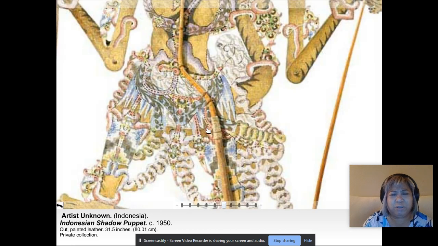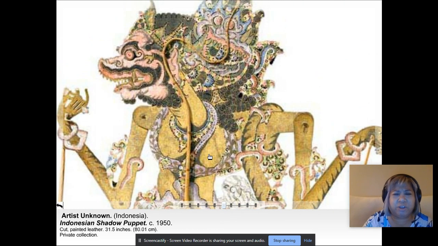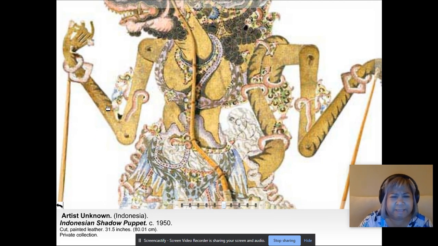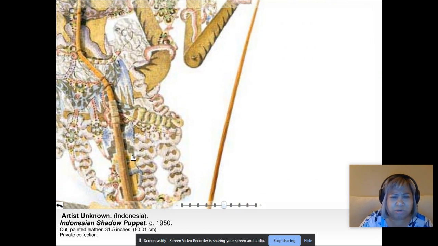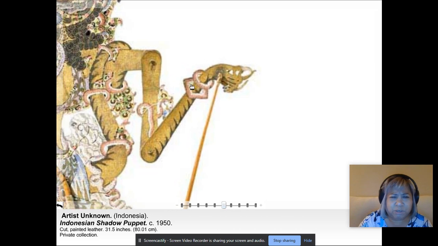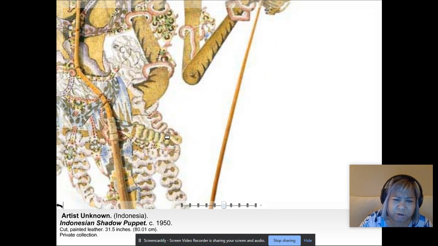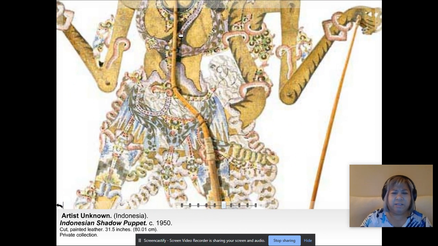The only geometric shapes that I can identify here are a circle, a triangle, a triangle here, and a circle. But for the most part, these are freeform shapes because they're not a circle, triangle, or square. Maybe some ovals right here, but for the most part, this is a person, so it's considered a freeform shape.